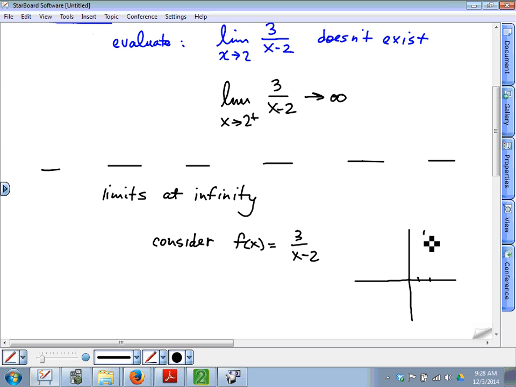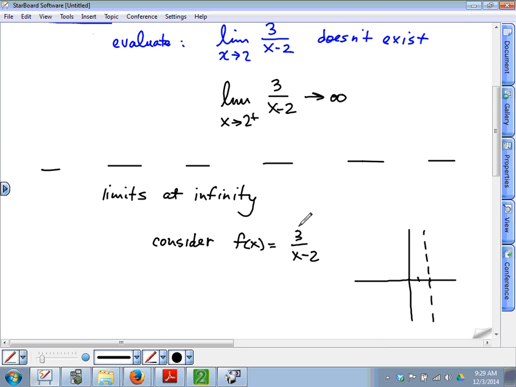We know that we had a vertical asymptote at positive 2. Remember though, these rational functions don't just have vertical asymptotes. What else do they have? They do have horizontal asymptotes, and they're not hard to find, but they're hard to remember sometimes how to find them.